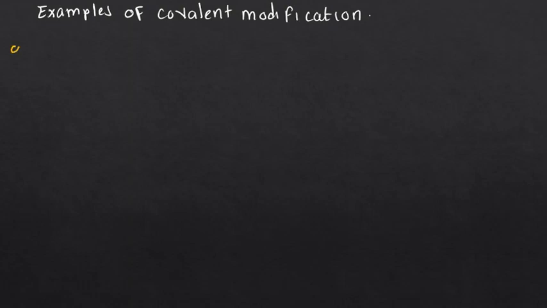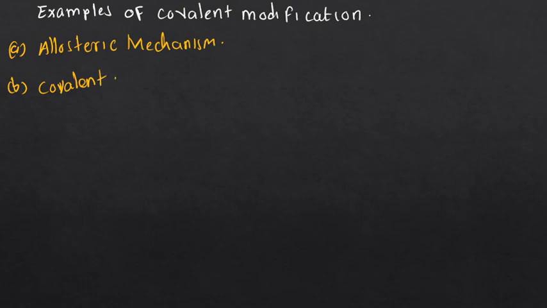Number 1, we have the allosteric mechanism. The second one is called covalent modification. The third one is phosphorylation of glycogen. I think we have 2, but there is a point which I want us to take note.